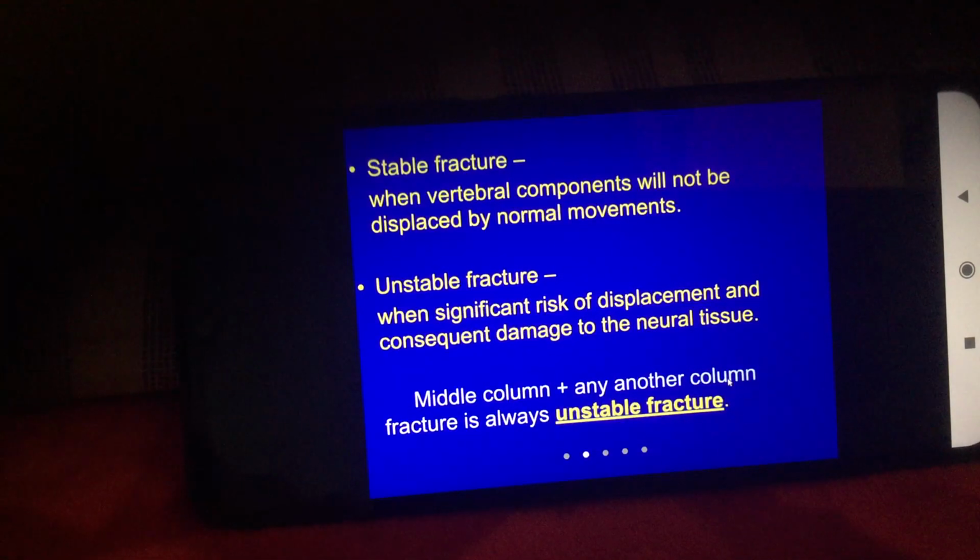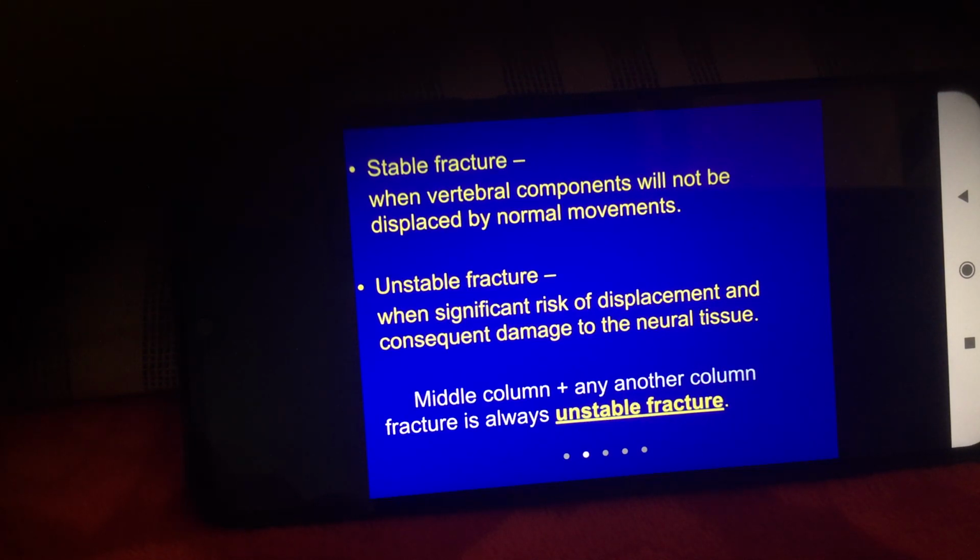Why do we need this classification? According to the classification we treat. If it is a stable fracture, we can think of conservative treatment. But if there is an unstable fracture or highly unstable fracture, we have to fix the spine. So stable fracture or unstable fracture, two types of fractures are there.